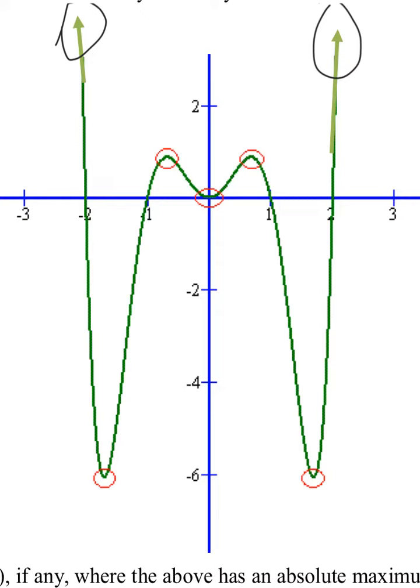So from negative infinity all the way to this point right here, the graph is doing what? Even though there's an arrow pointing up here, what is the value for y doing between here and here? Well, it's decreasing, isn't it? Okay, so that is a decreasing graph between negative infinity and negative 1.5.